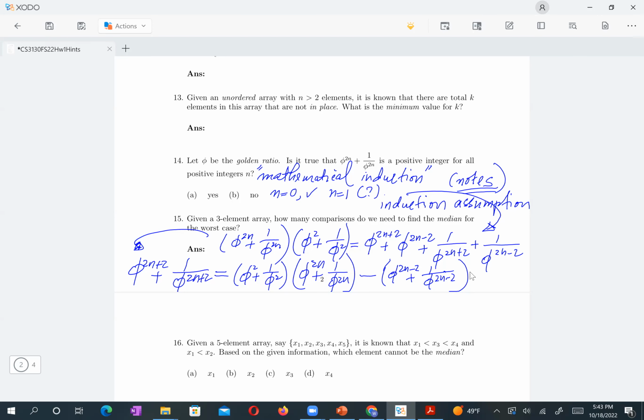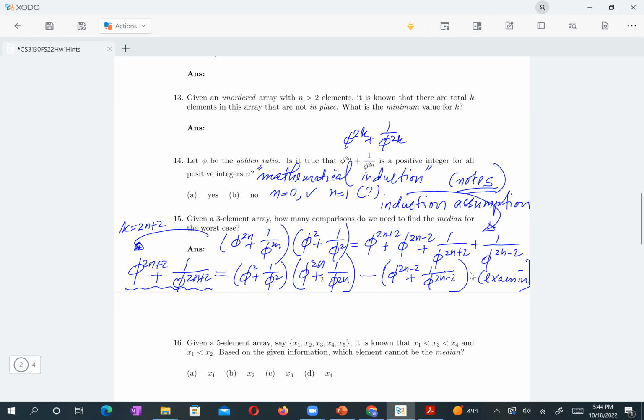Now you need to examine this identity closely. This part, the structure, when k equals 2m plus 2, right? And because here we consider phi, 2k plus 1 over phi to the 2k, all right?